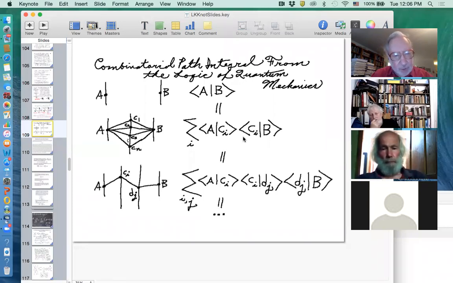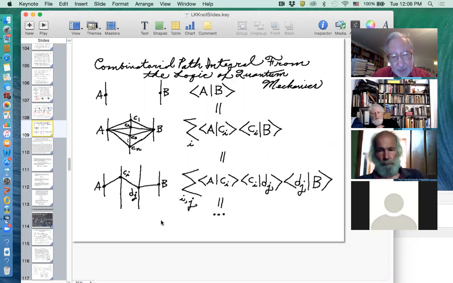even further rules. Let's suppose that there were an intermediate set of possibilities, Ci, and then as it went along, another intermediate set of possibilities, Dj. Then you would get a double sum. After a while, if there were many, many of these intermediate possibility situations, you would be summing over all the paths that took you from A to B, with certain weights coming from these intermediate amplitudes.